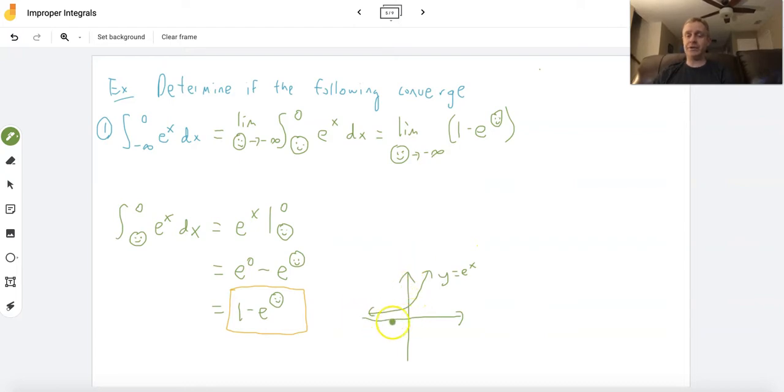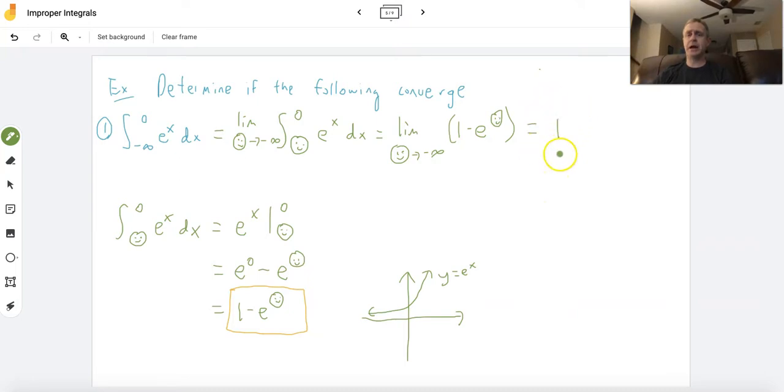As x approaches negative infinity, we go out to the left in our coordinate plane. And on our exponential function graph, e to the x, that exponential function graph is going to approach the x-axis and thus approach 0. So that would be exactly what e to the Mr. Smiley Face will approach as Mr. Smiley Face approaches negative infinity. So the value of this overall limit then ends up being 1.